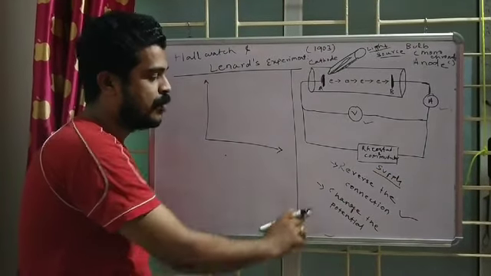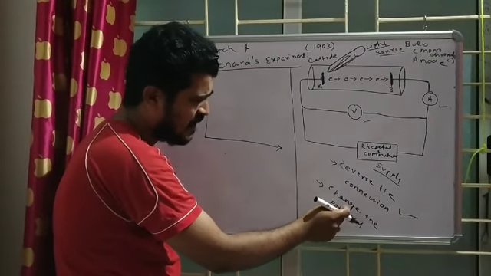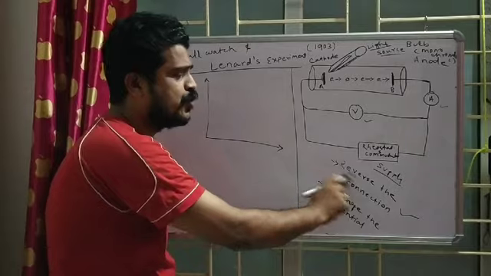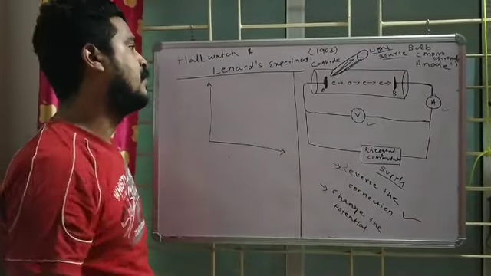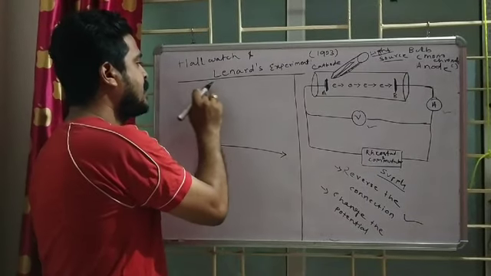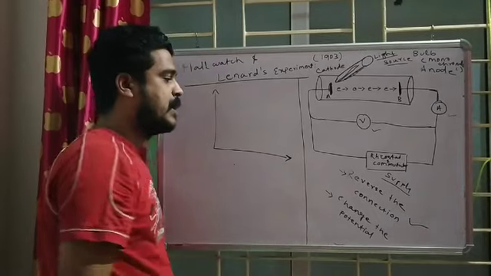And the commutator is used to reverse the connection, meaning the flow of electrons will get opposite, the current direction will get opposite.